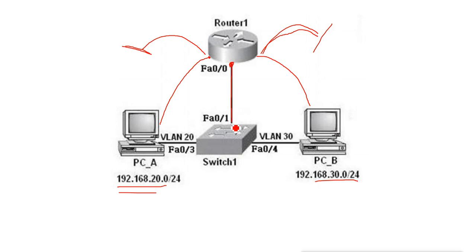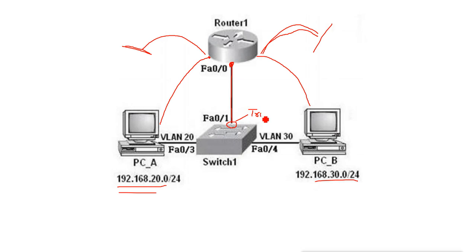Previously we used a separate link for separate VLANs. Now I am using a single link for all VLANs. Because I want this port of the switch to have a connection for all the VLANs, I will convert this port on the switch into a trunk.